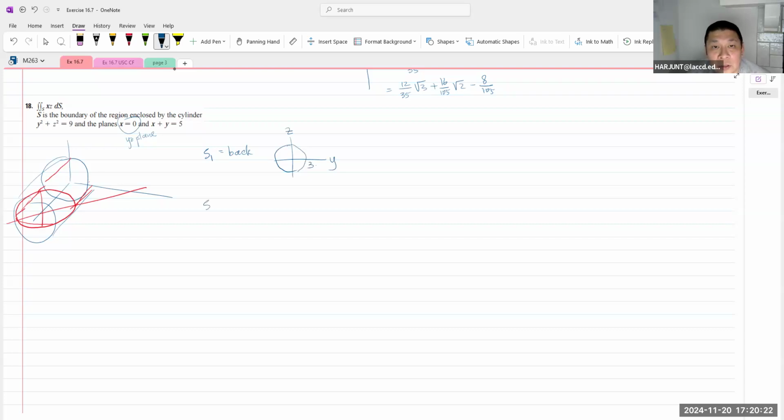Surface 2 is part of the cylinder, the body of the cylinder, but it is cut this way. Maybe like this. I hope that's a better view.